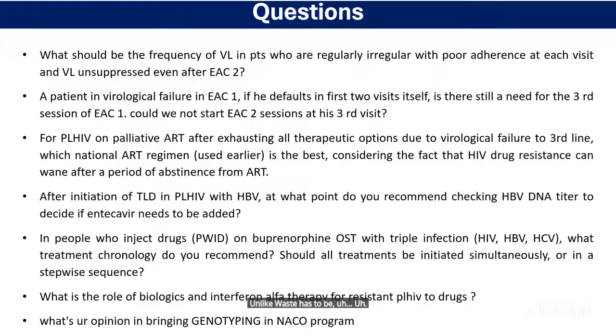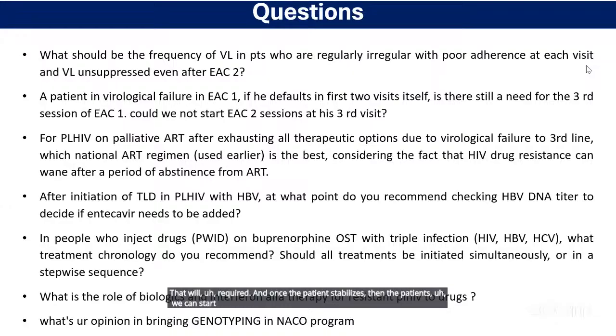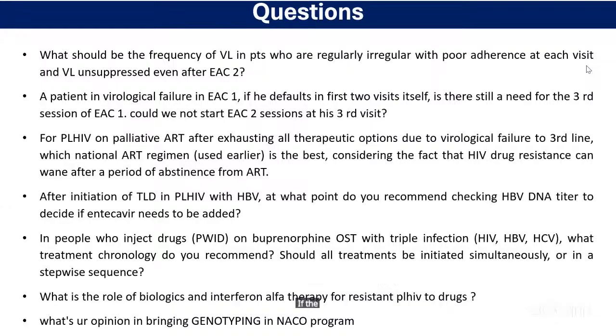OST has to continue, and we need to start ART at the earliest, with definitely TLD being the regimen that will be required. And once the patient stabilizes, then we can start sofosbuvir, daclatasvir if the patient doesn't have decompensated chronic liver disease. Otherwise, we can use sofosbuvir and velpatasvir as well.